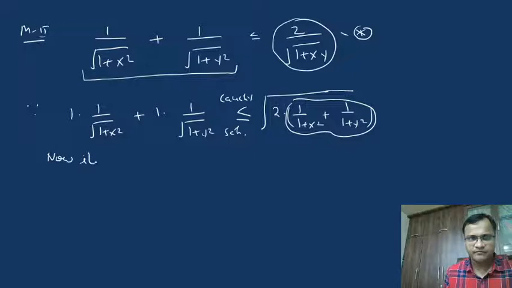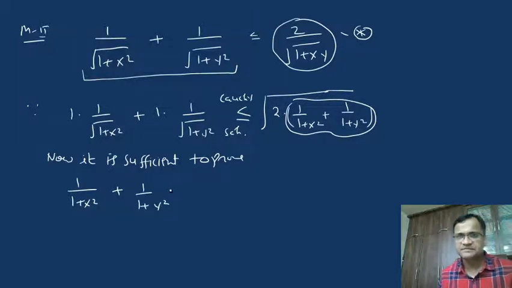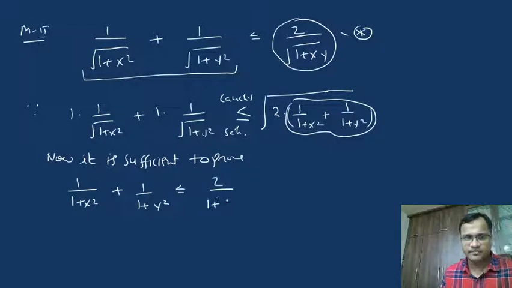Now it is sufficient to prove that 1 upon 1 plus x square plus 1 upon 1 plus y square is less than or equal to 2 upon 1 plus xy.